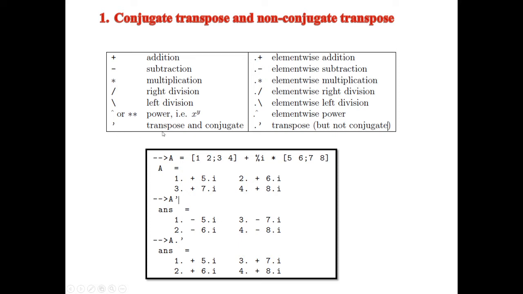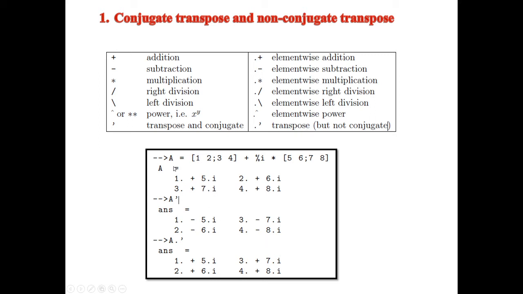Single quote means it is a transpose of a matrix. Dot single quote means transpose but not conjugate. Did you understand what I am saying? Single quote means transpose and conjugate. Dot single quote means it will transpose but it will not conjugate, just the opposite of this one.